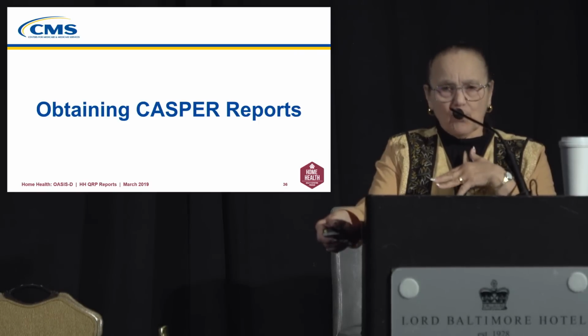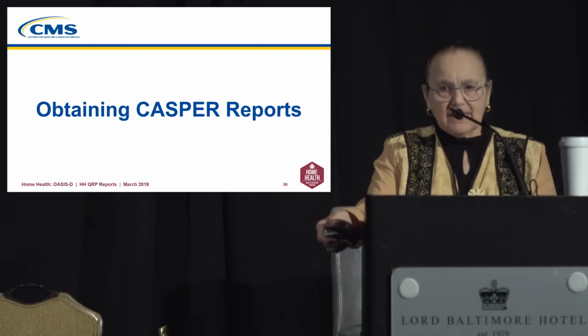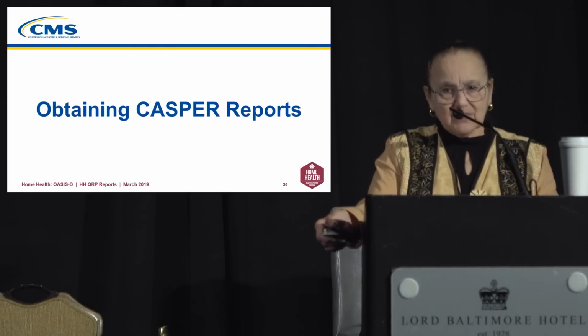Obtaining the CASPER reports is knowledge that you need to have in your agency. You are allowed to have at least 2 individuals who can have user IDs and passwords into the CASPER system.